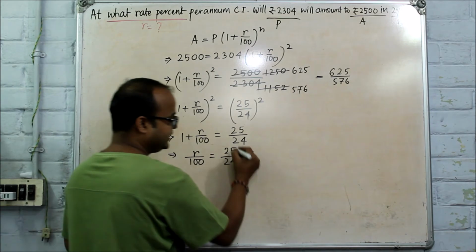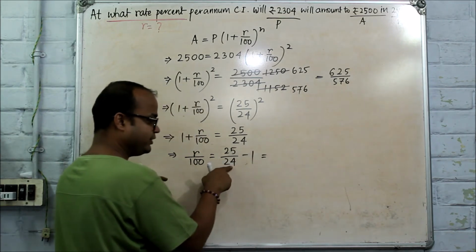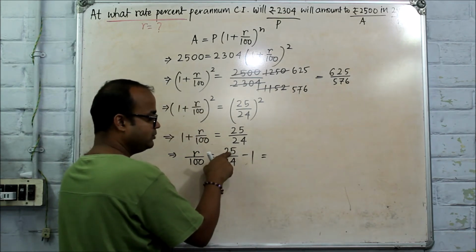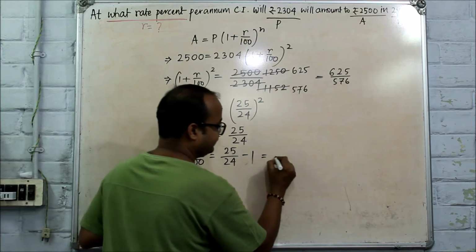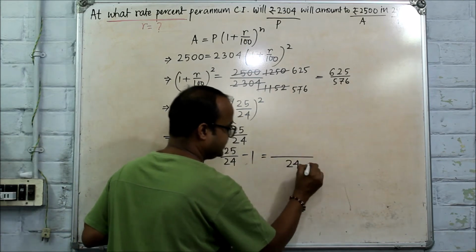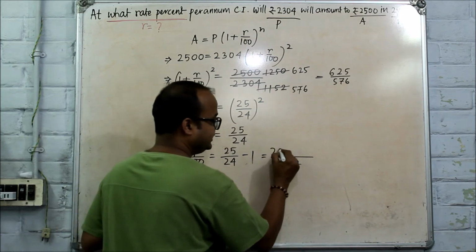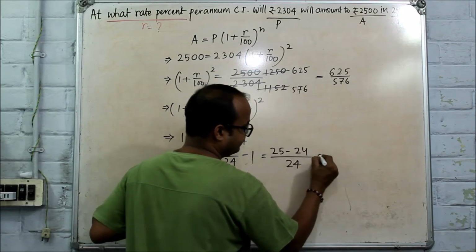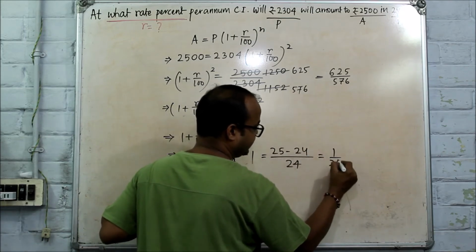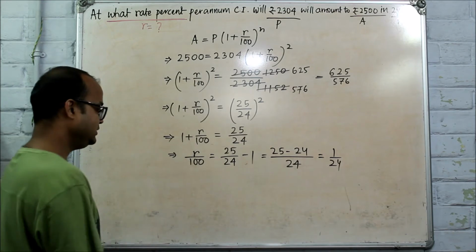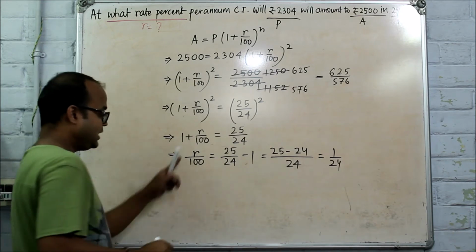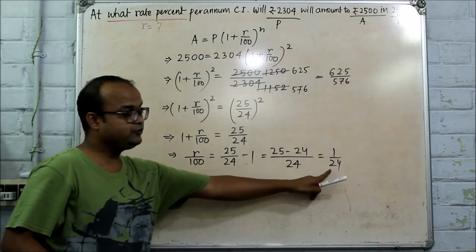Simplify this one. So LCM will be 24. Numerator will be 25 minus 24. I am showing the step here. LCM is 24. 25 minus 24, that is 1 by 24. R by 100 is equal to 1 by 24.